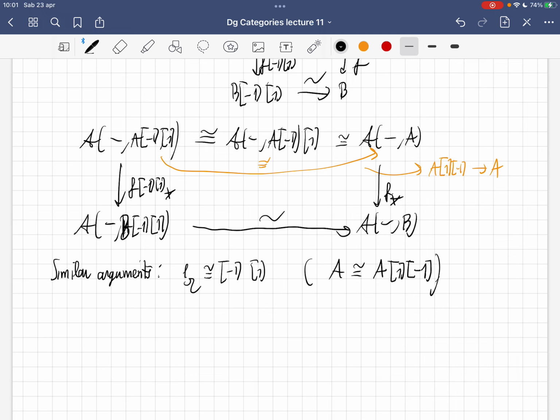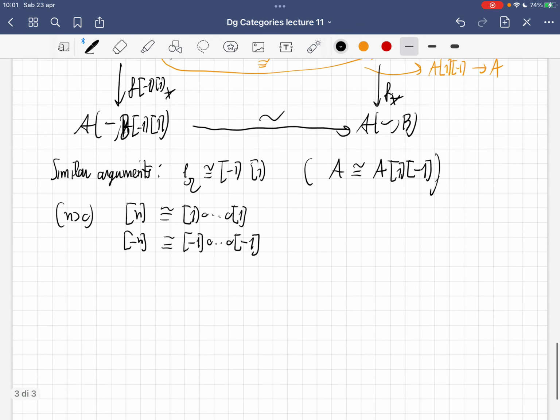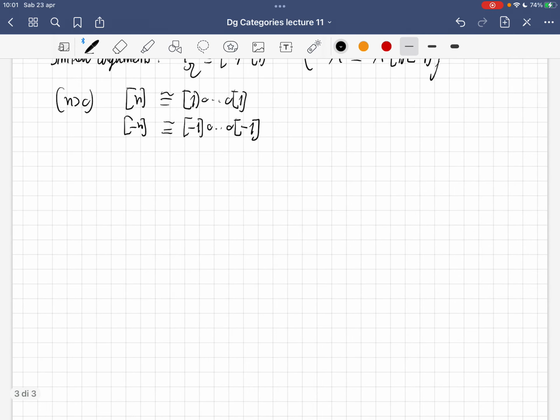And also the other isomorphisms. Here you will need some induction argument, but I believe you only use this strategy, and then that should be quite straightforward. You should try it yourself if you want.